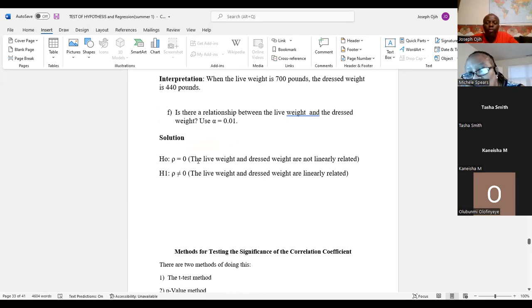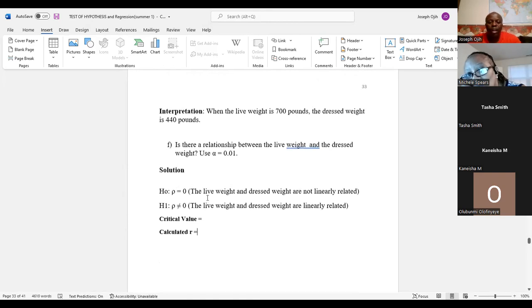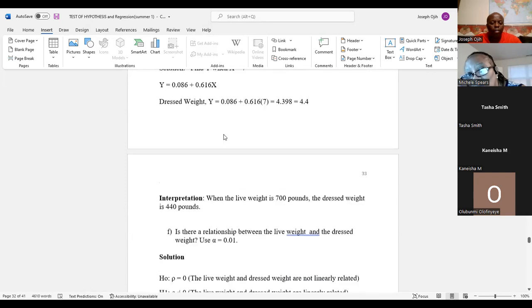For simple linear regression, because we have two variables, it's usually a two-tailed test. So now let us get the critical value from Excel, and the calculated r. We have it here already: 0.95.